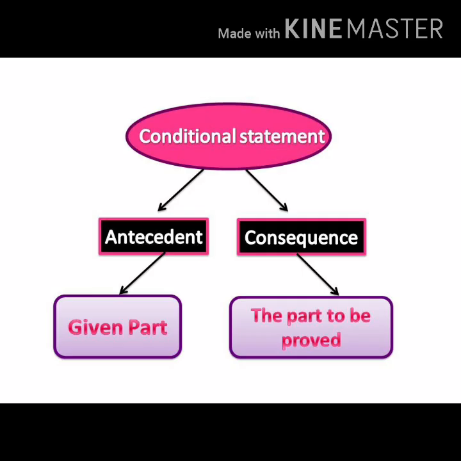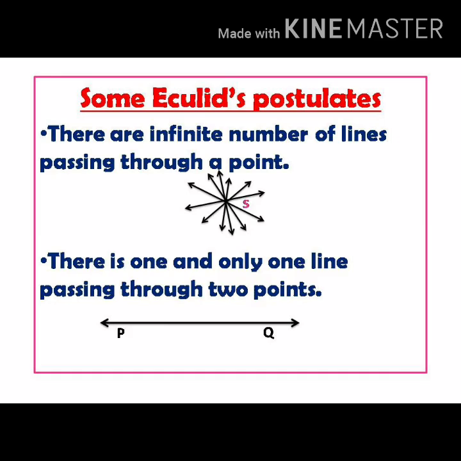When we are going to prove that a conditional statement is true, its antecedent is called the given part and the consequent is called the part to be proved. Students, let's see some Euclid postulates. First postulate: there are infinite number of lines passing through a point.